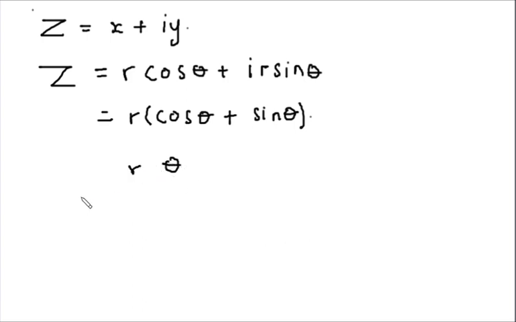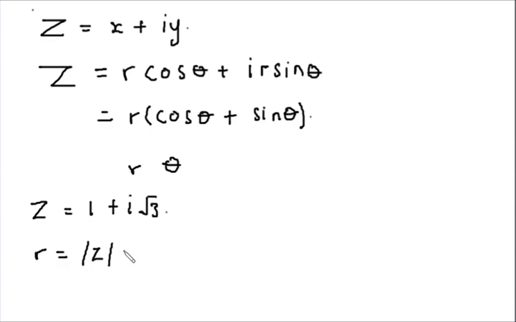Say we have an example of z equals 1 plus i root 3. Let's convert this value into polar form. What we need to do is first find r. So our value of r equals the absolute value of z.